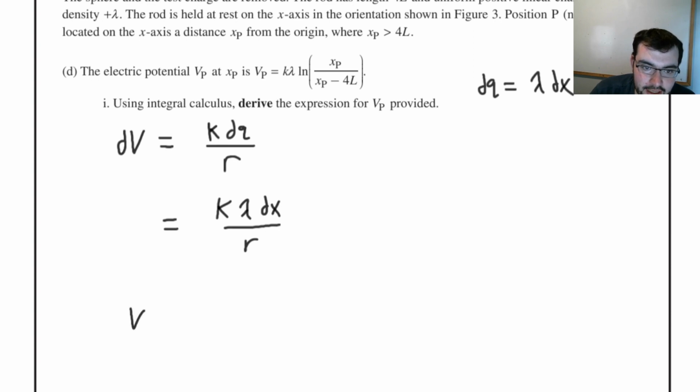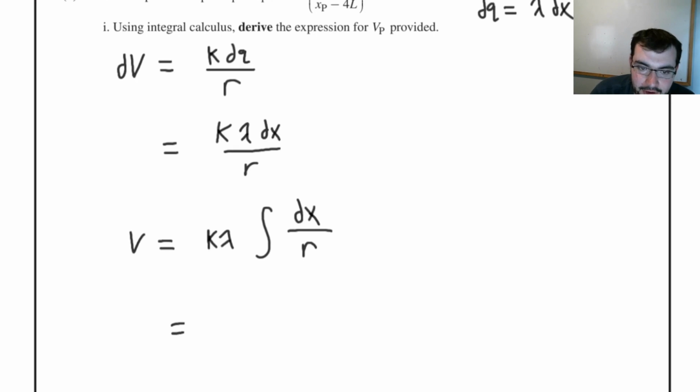That means that the total potential is just going to be k times lambda, because neither of those change, times the integral of dx divided by r. So now we've got to figure out what our r variable is going to actually sweep between.